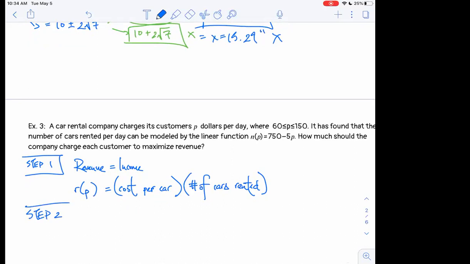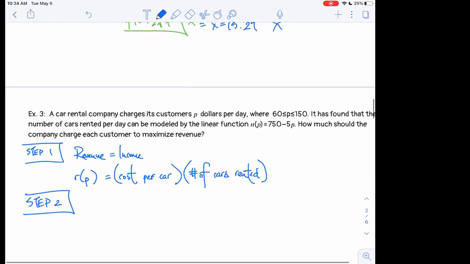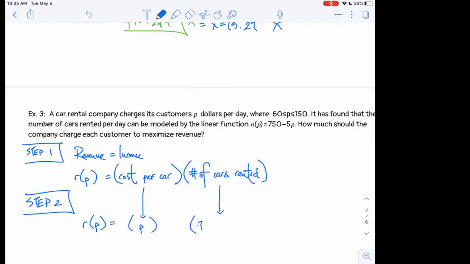Now we can think about using the information from the problem to fill in the different parts. So they say that the car rental company charges its customers P dollars per day. So this cost per car is P. And then the number of cars rented is that linear function they gave us, 750 minus 5P.